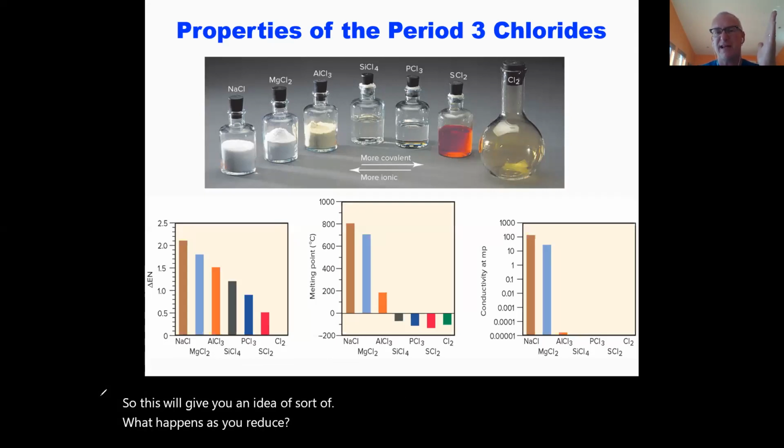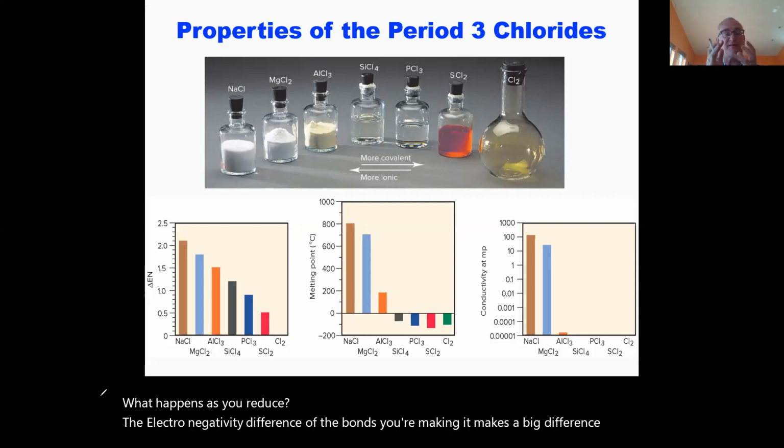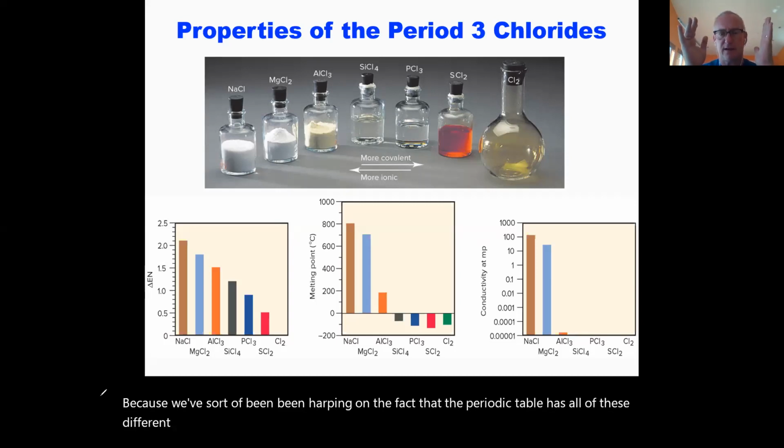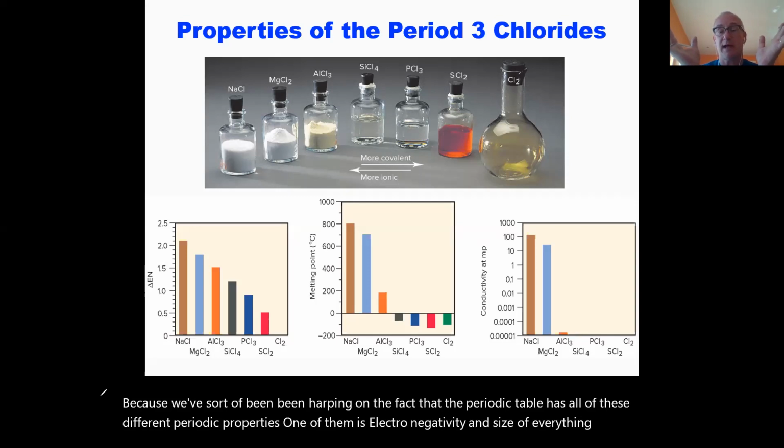So this will give you an idea of what happens as you reduce the electronegativity difference of the bonds you're making. It makes a big difference, because I've been harping on the fact that the periodic table has all of these different periodic properties. One of them is electronegativity, and size, and charge, and everything else we've been looking at.